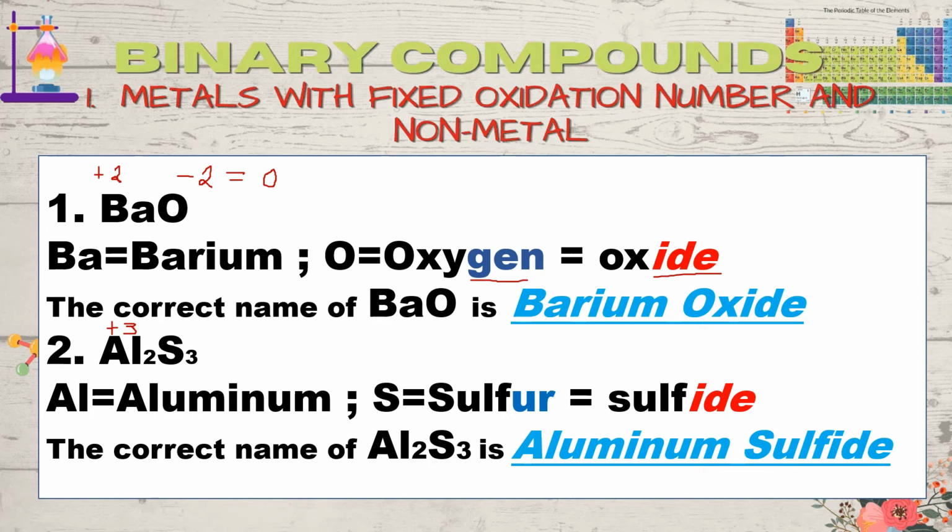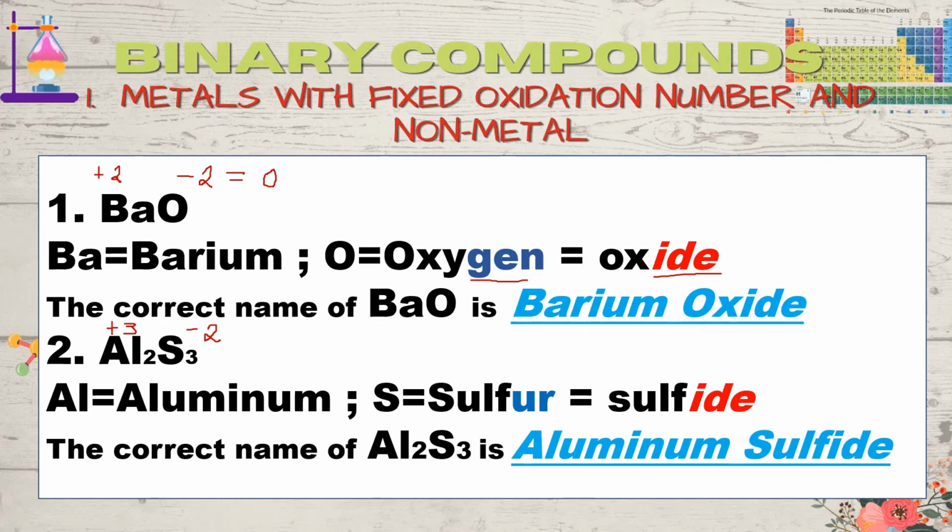For sulfur, sulfur belongs to family 6, so the oxidation number of sulfur is negative 2. Again, using the crisscross method, they exchange oxidation numbers. You drop the charges and this will become your subscript. So the correct chemical formula will be Al2S3.